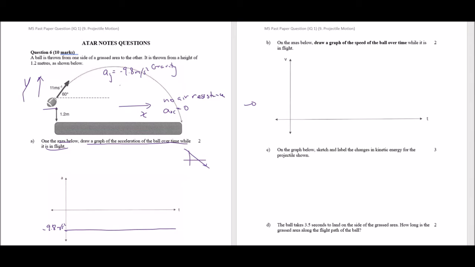Question B says draw a graph of the speed of the ball over time. So you can do it two ways. This one is technically asking about speed, and I'll also do one for velocity. Let me just draw one for speed over here first. If it's speed over time, as the ball goes up, it reaches a peak height.